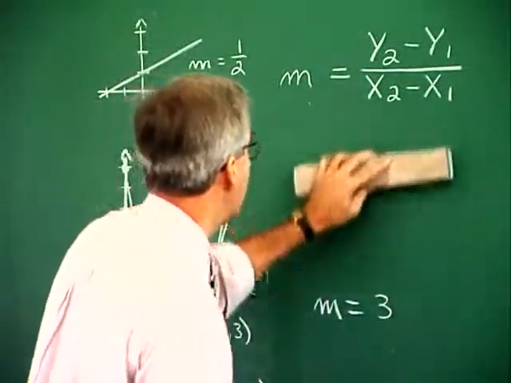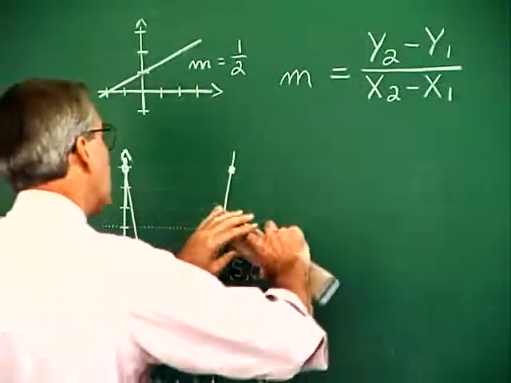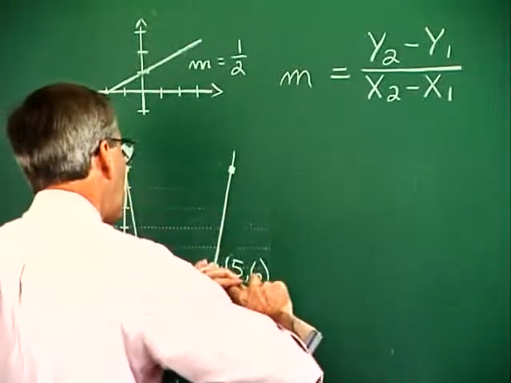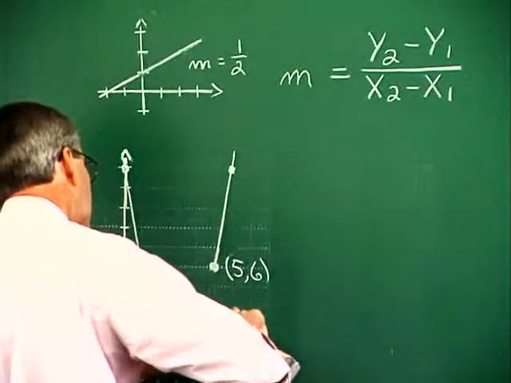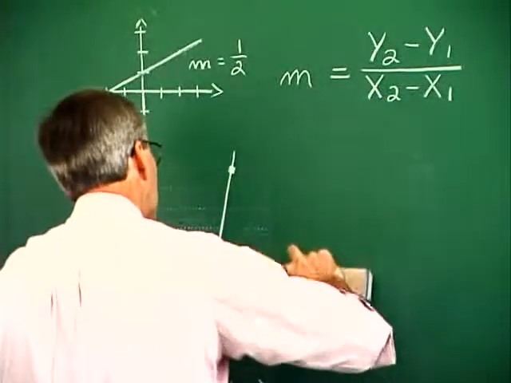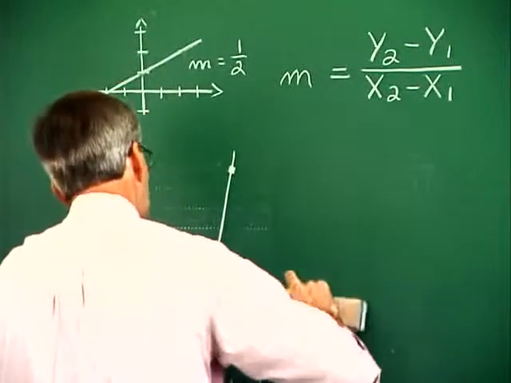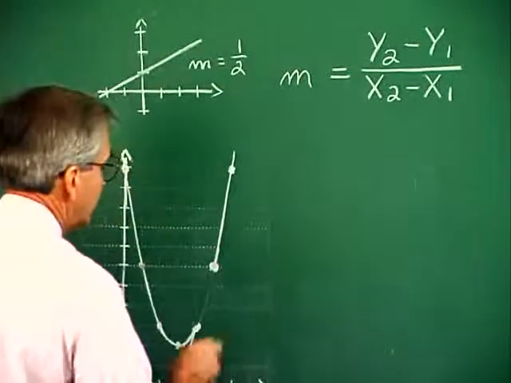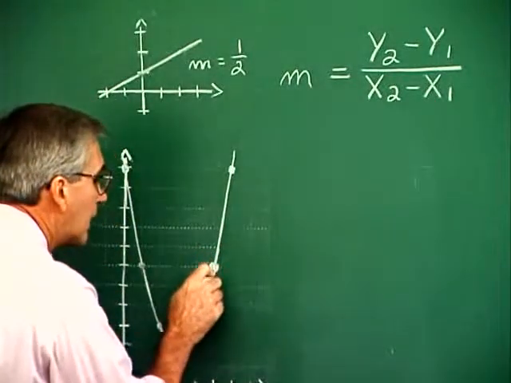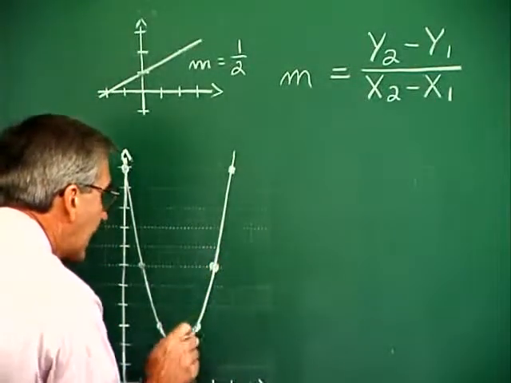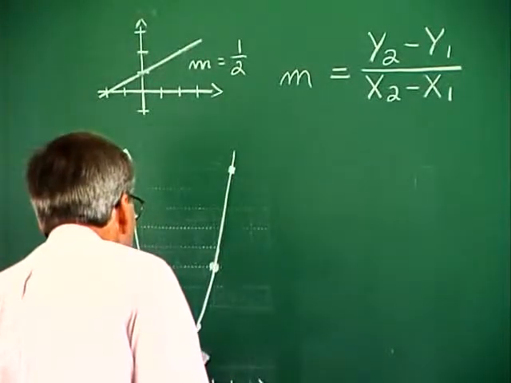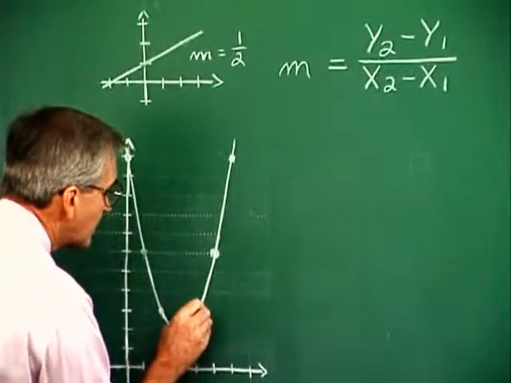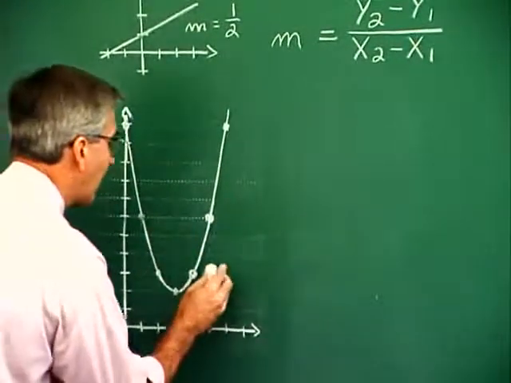Let me take out this secant line, and we're going to just pick a general point (x, y) and talk about how we can approach that point. Right, here's the graph, and let's just call this any old point (x, y).